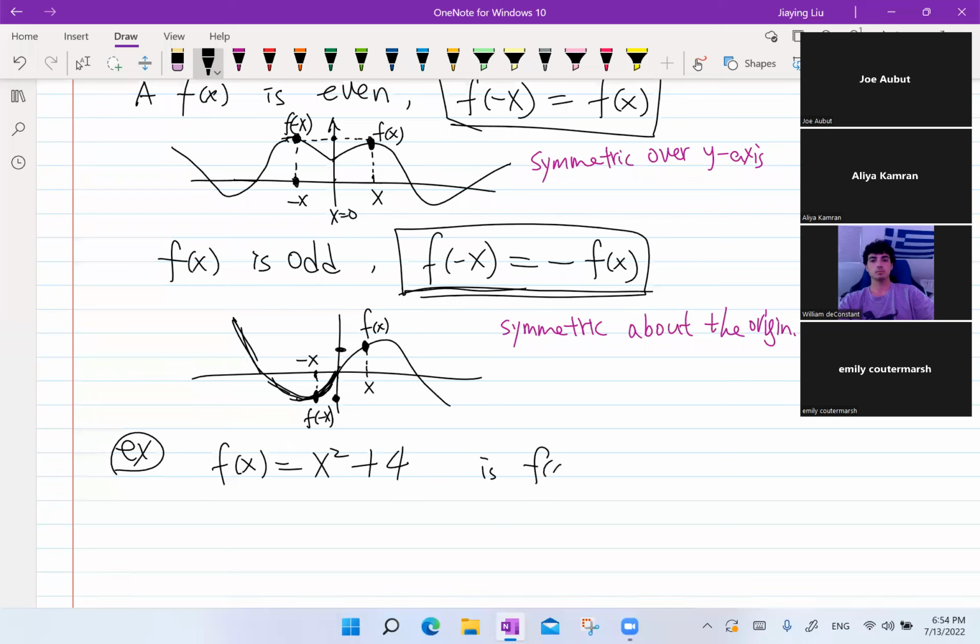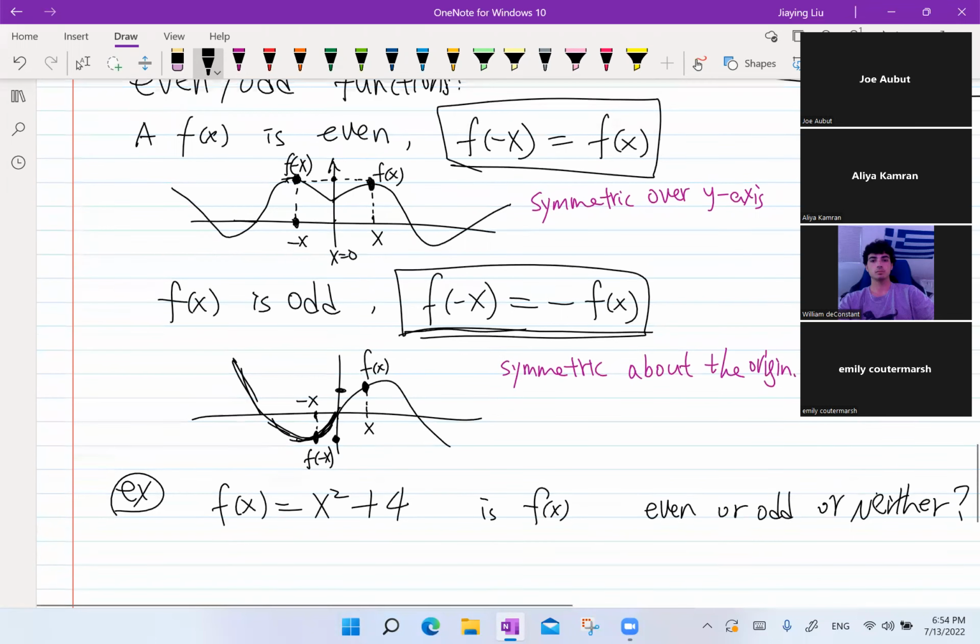Is f of x even or odd or neither? So is f of x an even function, or maybe an odd function, or neither even nor odd? All right, so the quick way to test it is using the conditions that I boxed.